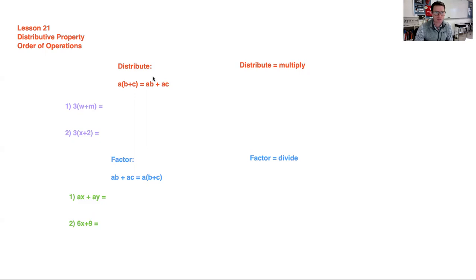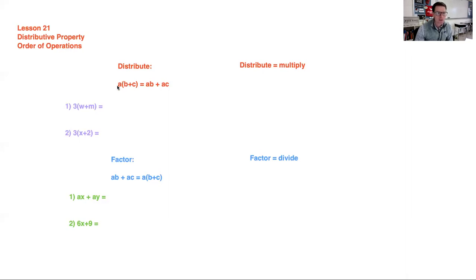You often hear people say the distributive property is really multiplication over addition, right? Looking at the left side, as it's written, a quantity B plus C, I have to do the B plus C first because it falls in these parentheses. But what I'm also allowed to do is distribute.